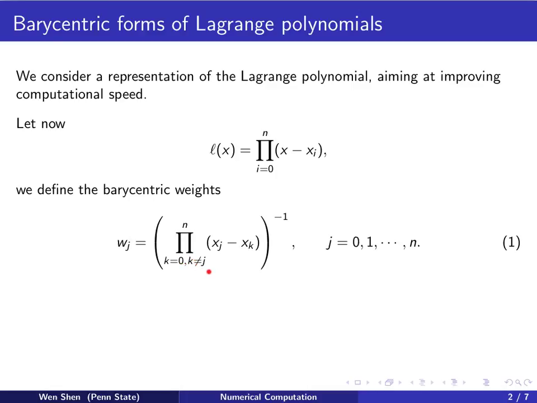It's a product of xj minus xk, and you go through all the k's except the one where k equals j, because that will make this term 0. So that term you don't take, and then you take all the others. And after you computed the product of it, you take the reciprocal, the inverse of that number.